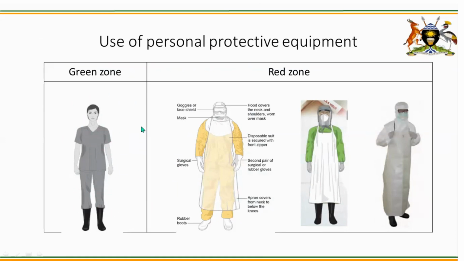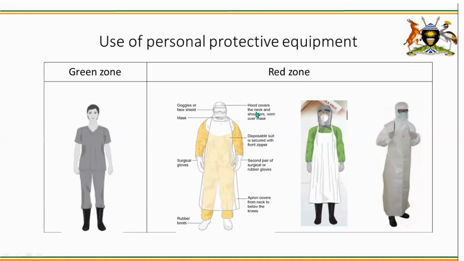This is also applicable, for example, in the Ebola treatment unit where there is a green zone proper, and people move freely. But once they cross into the red zone, you cross with proper PPE, which has been donned already, the PPE for level 4.